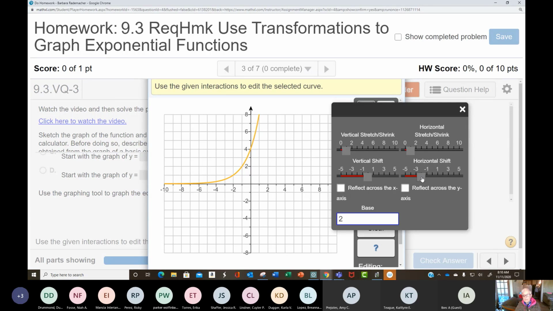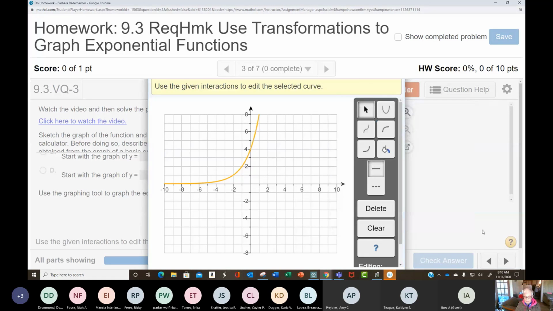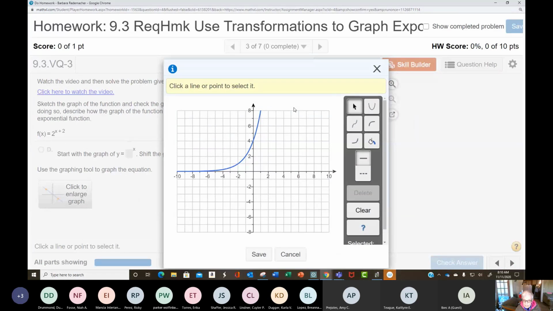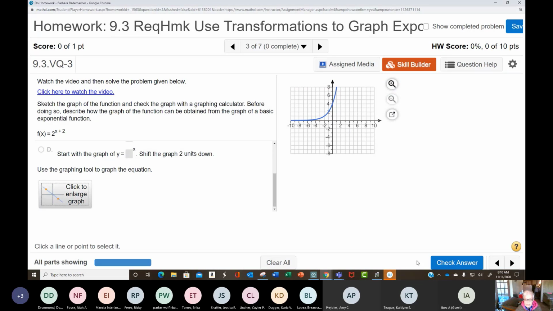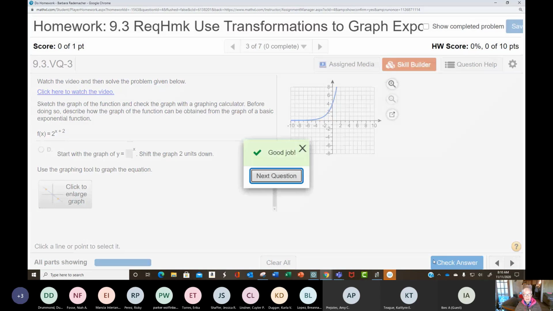We have shifted the graph horizontally 2 units to the left, changed the base to 2, and those are the only changes we need to make. So, I now have to make this smaller. And I'm going to save. Check answer. Ah, good.